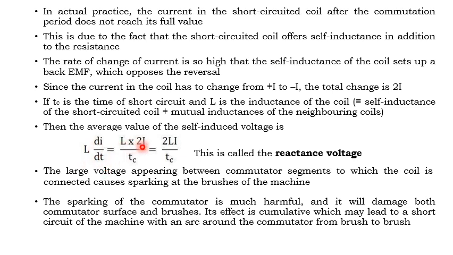Here L you just keep as it is. Now di represents the change in the current from plus I to minus I. Since you take the potential difference between these two, the total change in the current is 2 times I. So I substitute 2 times I here, divided by the time of change. Here I consider Tc as the time of short circuit.